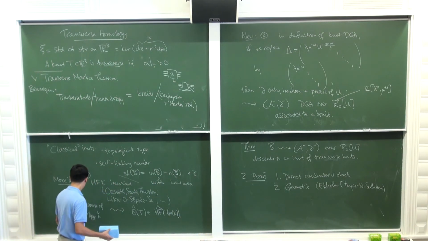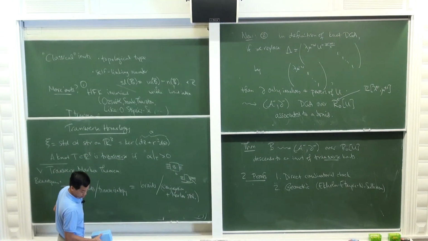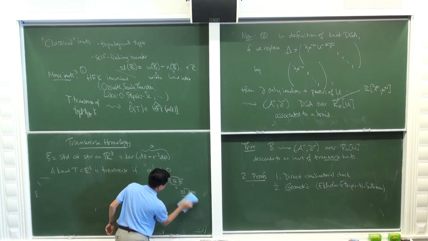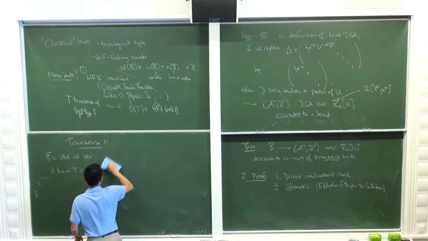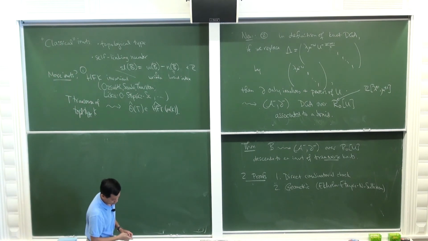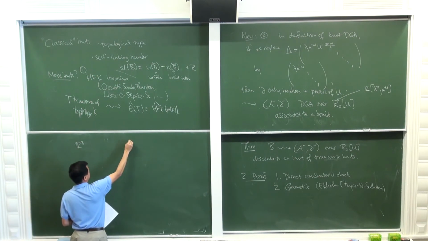So where are these powers of u coming from? So here's the really short explanation of how this goes. The idea is that you apply the conormal construction again.